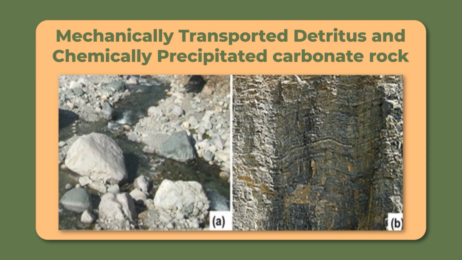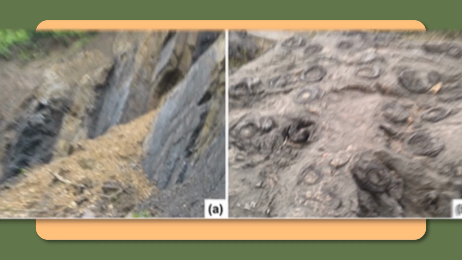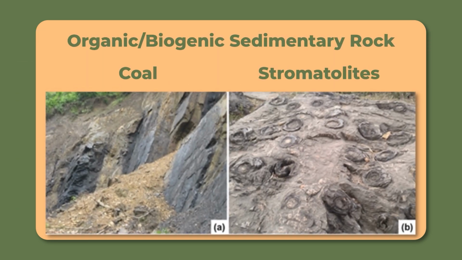Or similarly, there is a chemically precipitated carbonate rock on this side. This is algal laminated rock, cemented by calcium carbonate itself. There are organic structures and biogenic structures. There is a coal bed on this side, and the other side is another type of stromatolite from the Vindhyan group of rocks in UP.